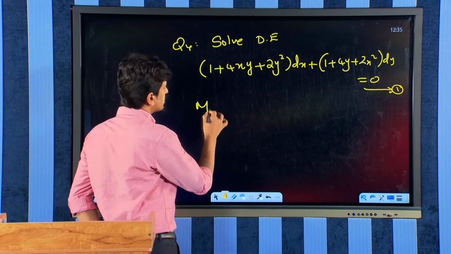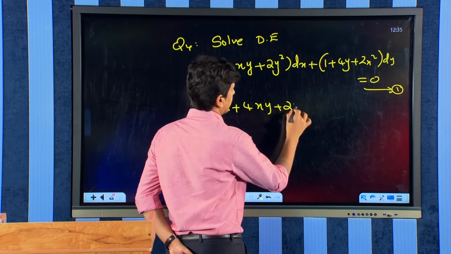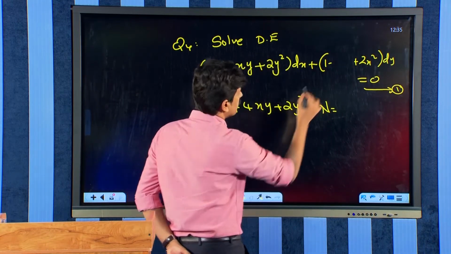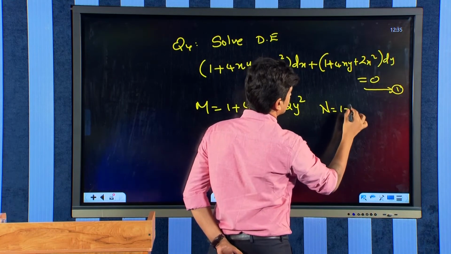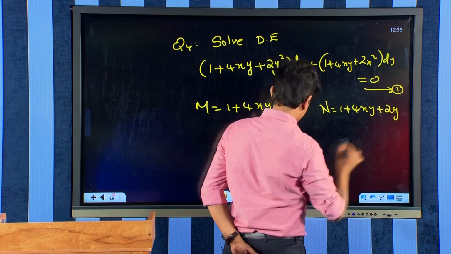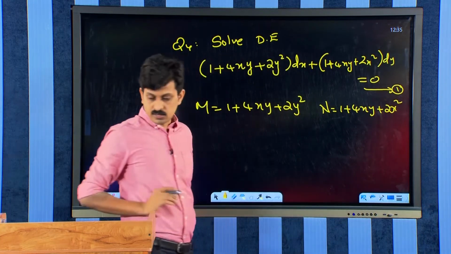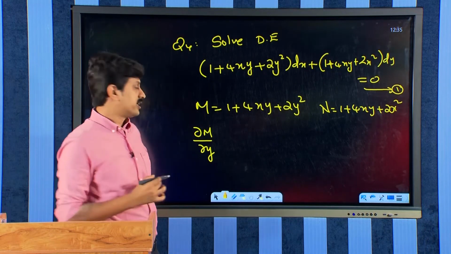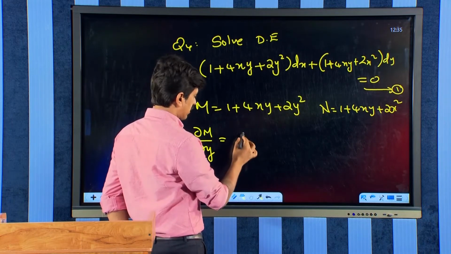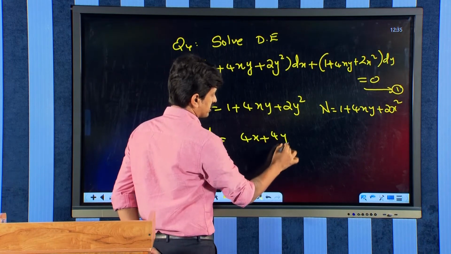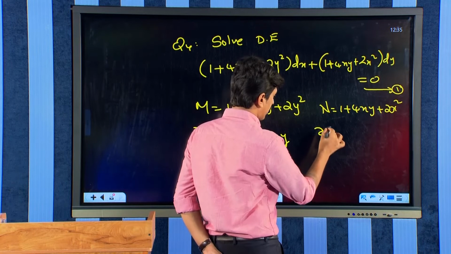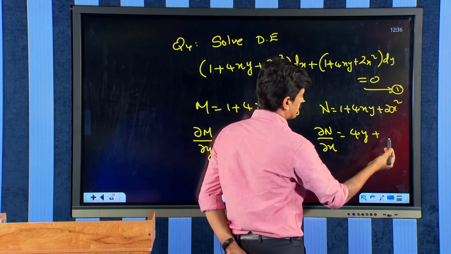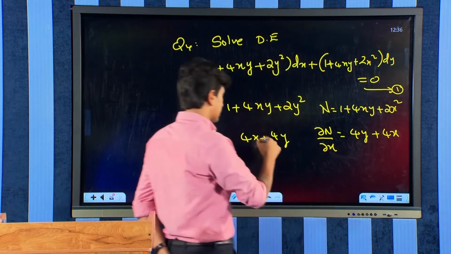From here we have M equal to 1 + 4xy + 2y^2 and N equal to 1 + 4xy + 2x^2. We partially differentiate with respect to y: ∂M/∂y is 0 plus 4x plus 4y. And ∂N/∂x, partially differentiating with respect to x, gives 0 plus 4y plus 4x. So both are 4x + 4y.